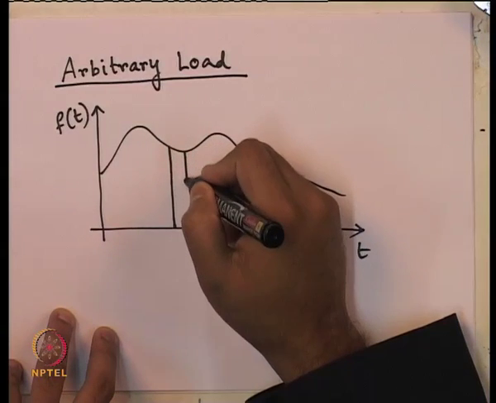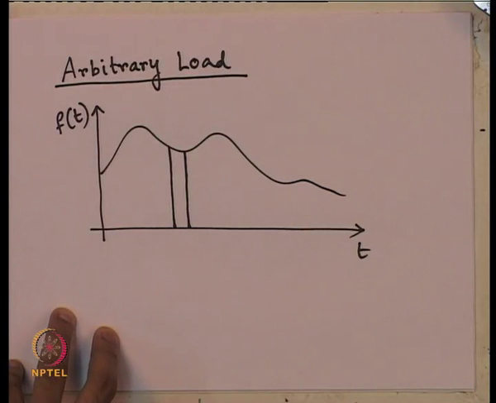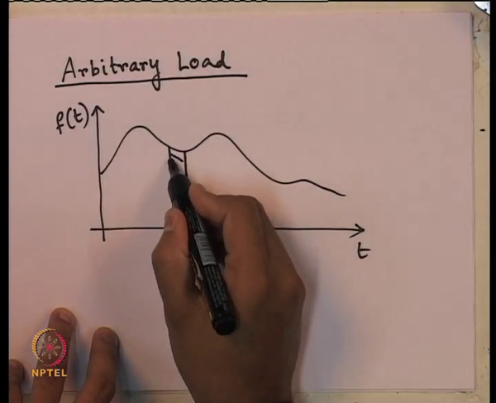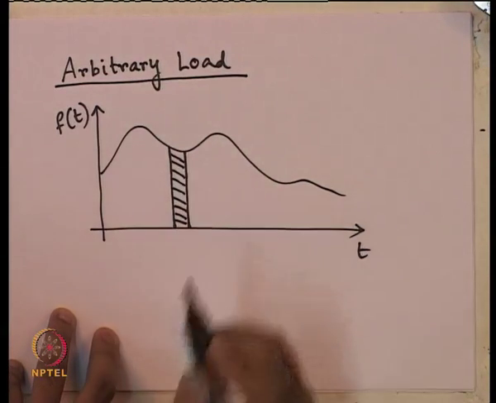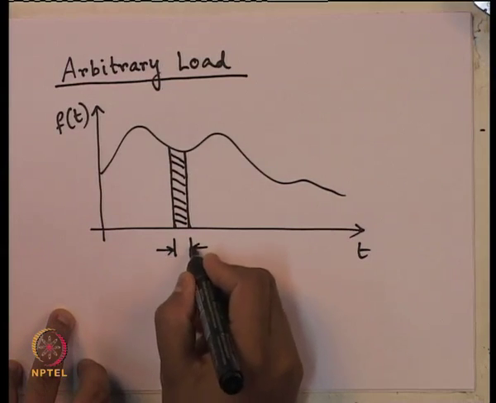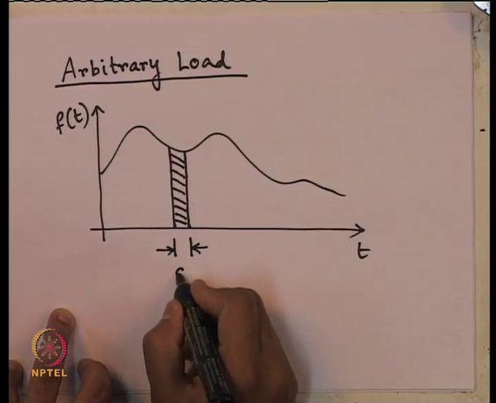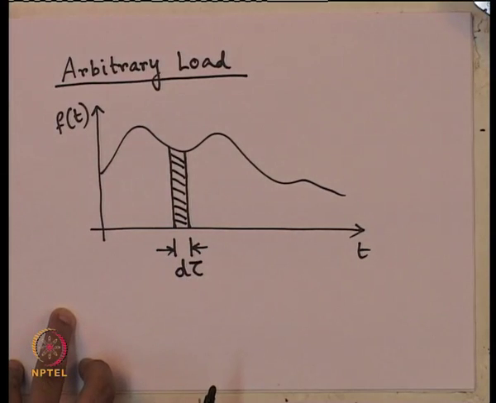We can take a very small, infinitesimally small slice. This slice we are considering under this curve. This small duration of time, let us say, is d tau.